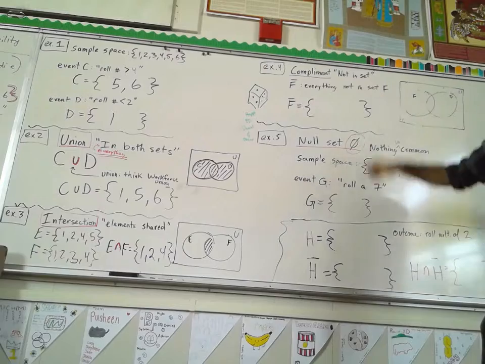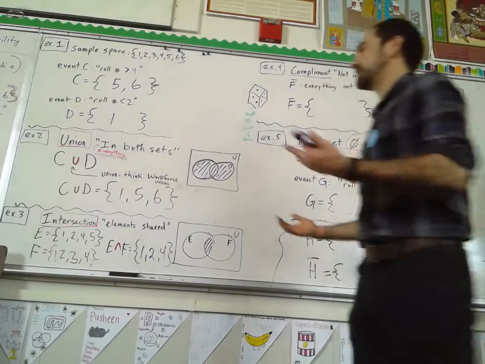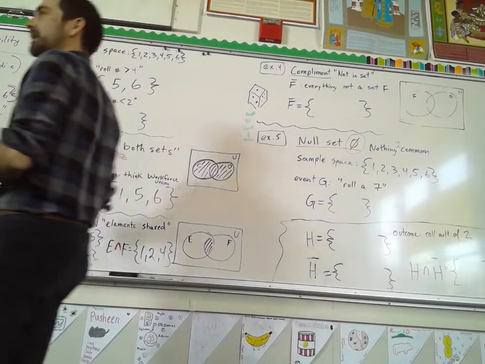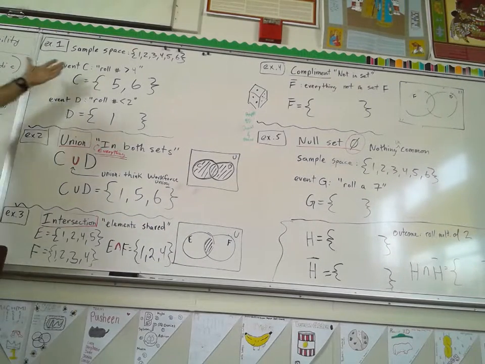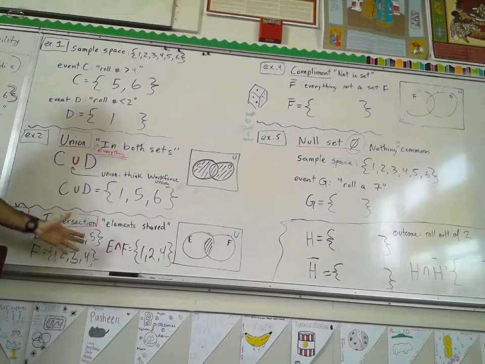So I would look to see, okay, what's in set F? What was my sample space for starting? The complement of F is everything that is in the sample space, but not in F. So we have to look at that.